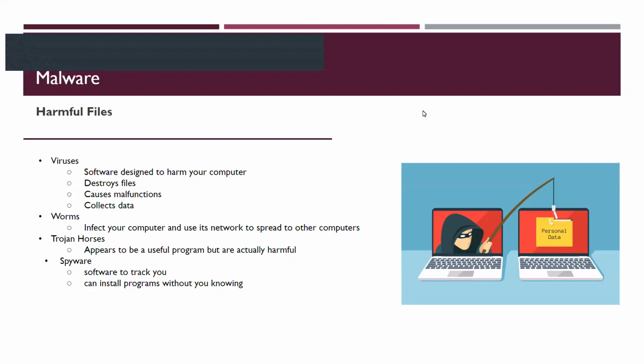So a few flavors of these viruses. Worms are programs that will hijack your computer's connectivity to the internet to spread themselves. Not really a worm, but an example would be those chain emails that say forward this to 10 people.